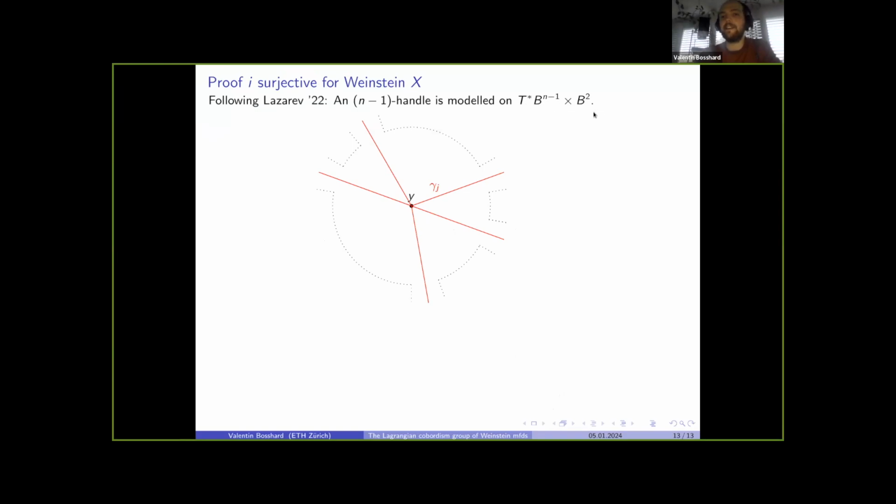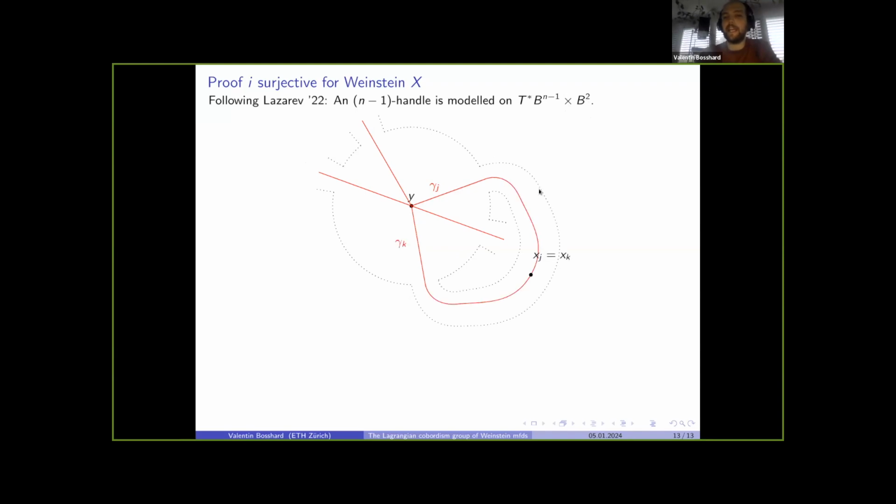This is a handle, a Weinstein handle of index n-1, because this is subcritical, and this one has index n-1. So the picture here is just the B2 part. We just project to the plane, or I mean, you see the ball here, and from there we have these Morse trajectories going away to critical points of index n.